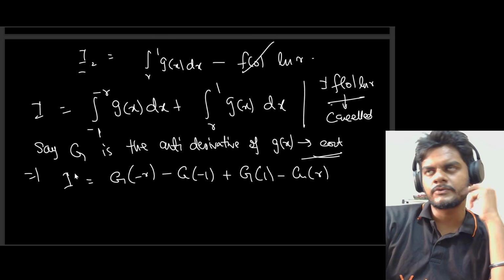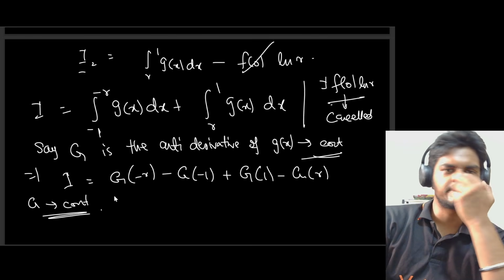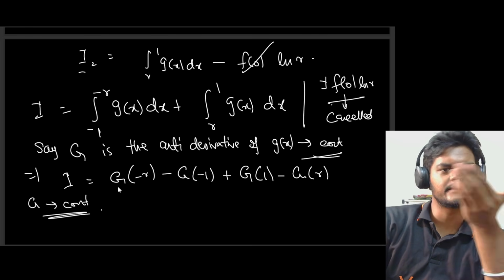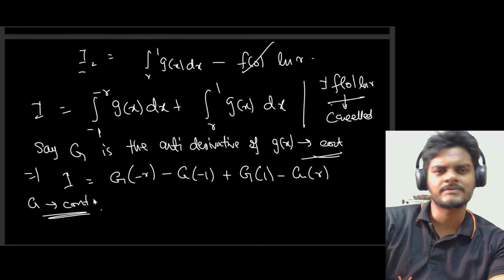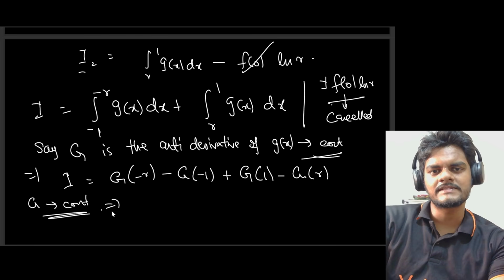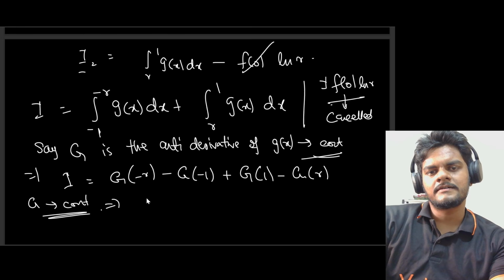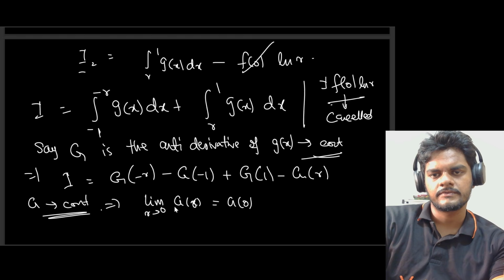Now I want you to notice another thing. g is also continuous. Integral of a continuous function is a continuous function. So antiderivative of a continuous function will be a continuous function. It makes the function even smoother, if you know what I mean. So this will imply that limit r tends to 0, positive or negative, G of r goes to G of 0.